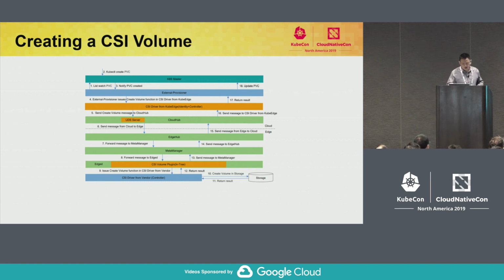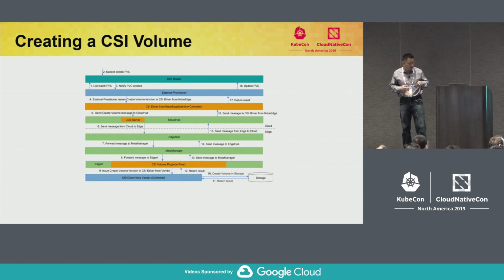So in this flow, you see that steps 1, 2, 3 are typical Kubernetes operations. Then from step 4, it's calling into a proxy driver we provide. The function of that is to take this call and send it, if you look at steps 5 and 6, to the CloudHub, then push it down through our built channel with WebSocket or QUIC to the edge node.